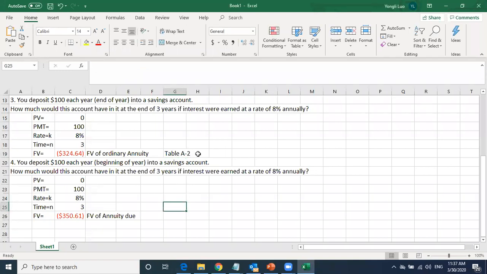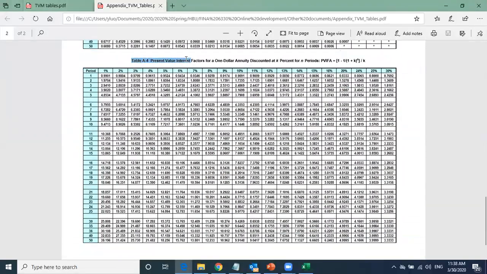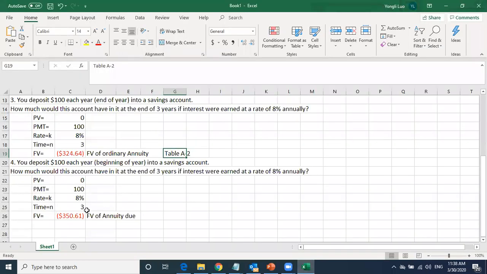If they ask you for the present value of an ordinary annuity, the table is A4. A4 is for the present value of an ordinary annuity. There is no table for an annuity due, but later on I will tell you how to calculate an annuity due based on the tables. You need to do some calculation.